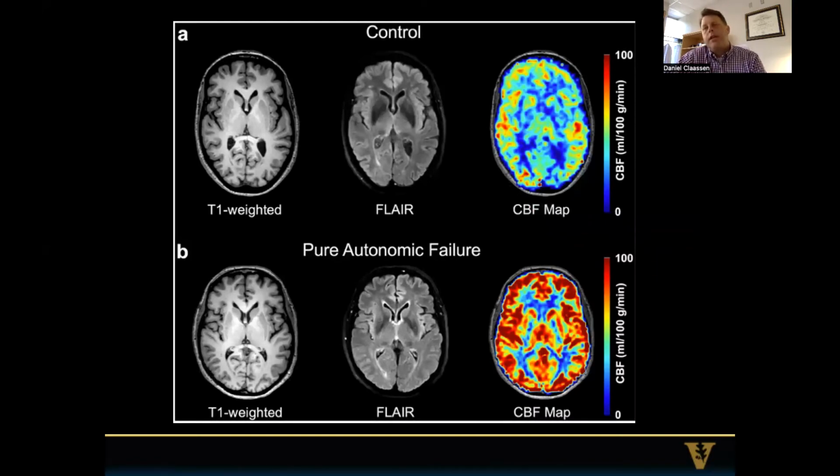I had tipped my hat to the concept of function when I talked about glucose PET scans, and I told you that structure is important, but learning how a brain functions can also be very useful.